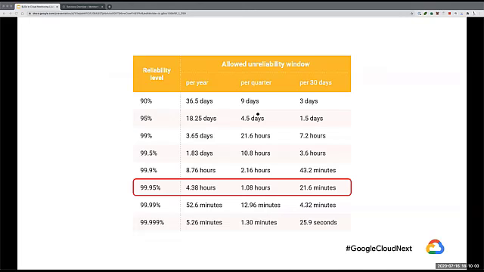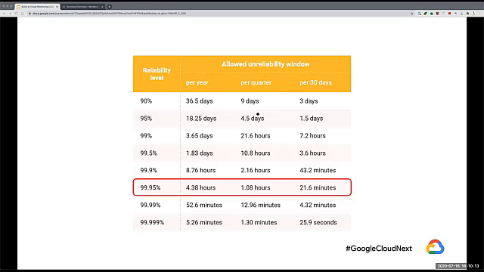The second major reason is that it's actually really difficult to materially improve the reliability of your services, right? So if you look at a service that we consider to be what we refer to as 3.5 nines reliable, right? 99.95% availability.